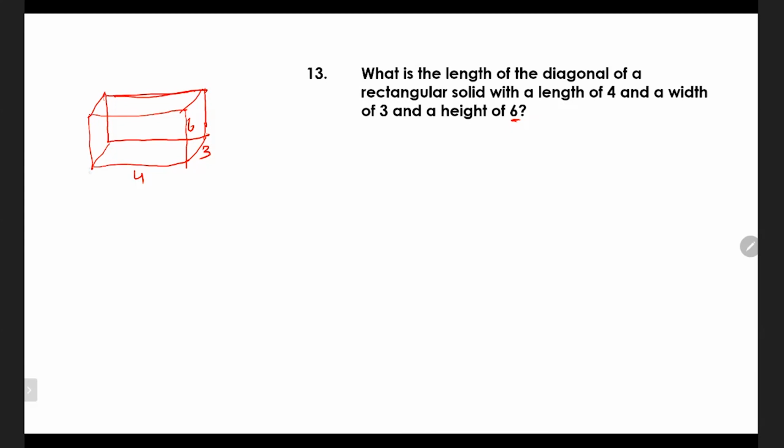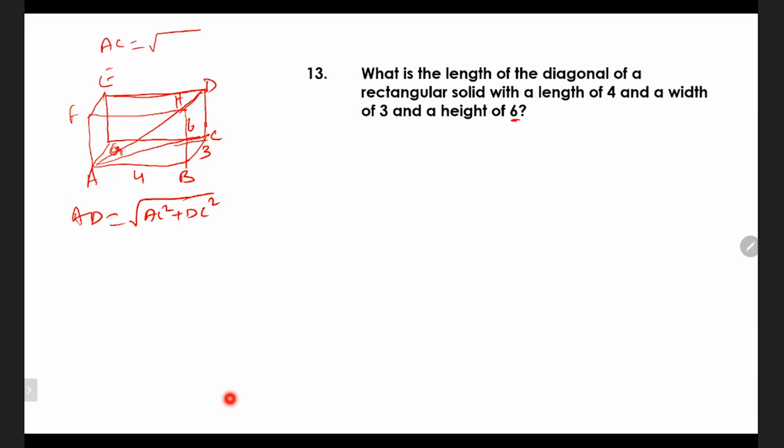So he is asked, let us name them A, B, C, D, E, F, G, H. So he is asking us to find AD. So AD is equal to root of AC square plus DC square. Now what is AC?